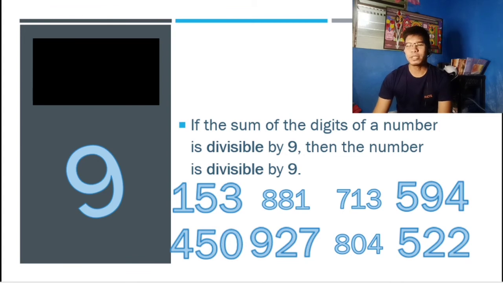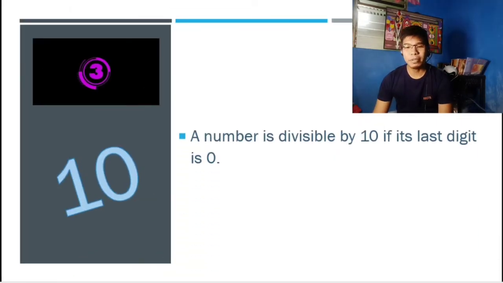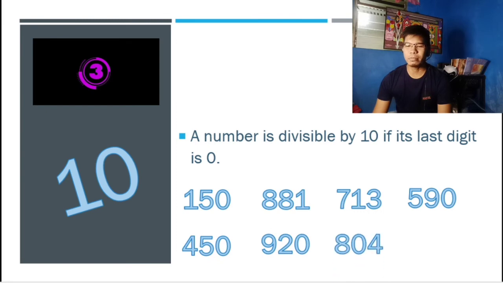Let us now proceed with the divisibility rule for 10. This is easier. A number is divisible by 10 if its last digit is 0. So all numbers which have the last digit of 0 are automatically divisible by 10. I have here examples of large numbers.